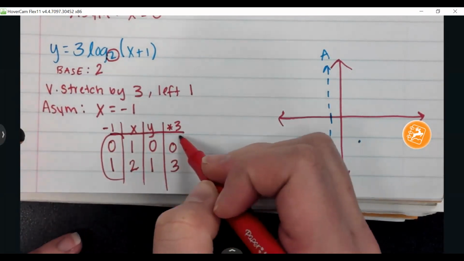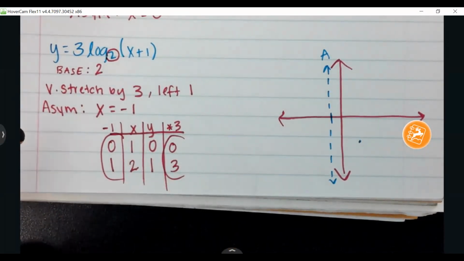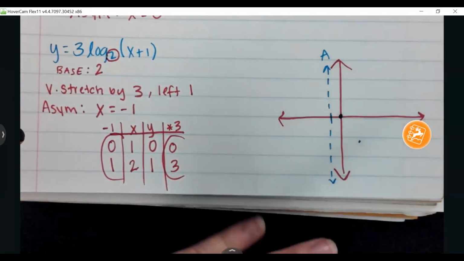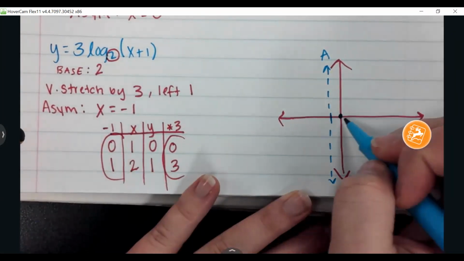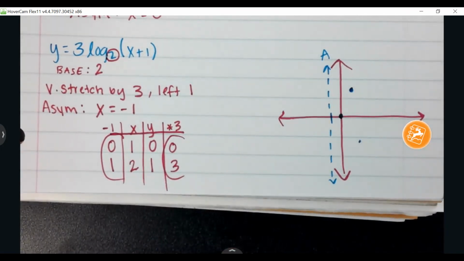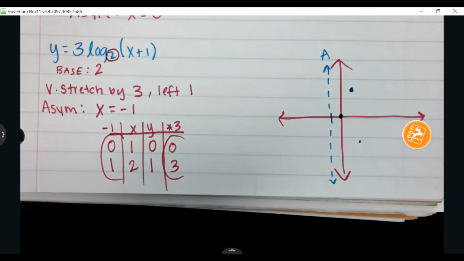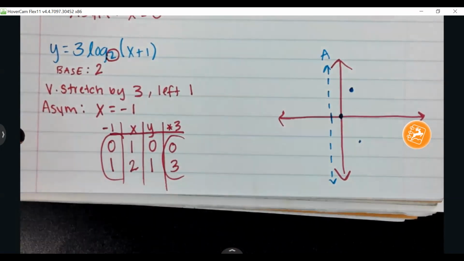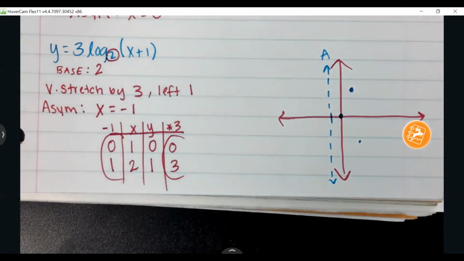Outside points go on my graph. So my first point is 0, 0. And my second point is 1, 3. Now, what makes this graph different? My asymptote is up and down, which means the straight line I draw also has to be up and down, okay?